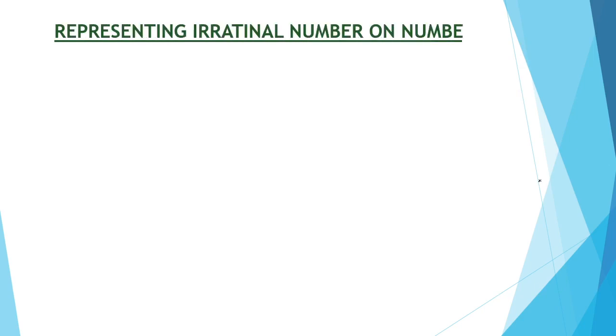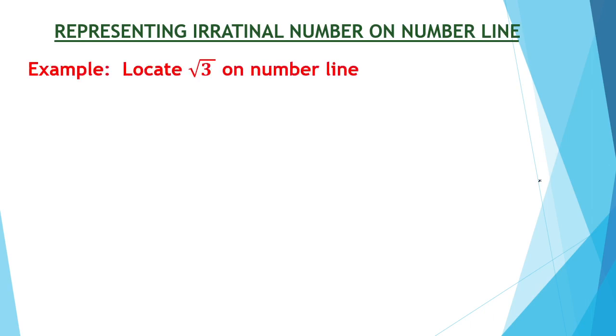Right. Now, coming to the next point, we are moving to representing an irrational number on the number line again. We are discussing another example. Locate root 3 on the number line. We have to take a similar method as in the previous session, like root 2.